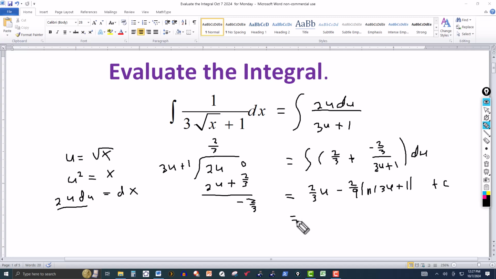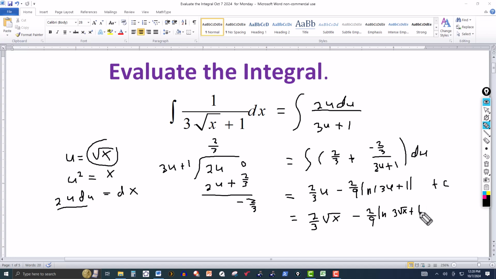But remember, in these, you always go back to the original variable. So the original variable is x, so u is equal to the square root of x. So this is going to be 2/3 u, and u is the square root of x. And it's minus 2/9 ln of 3, and u is the square root of x, plus 1 here.